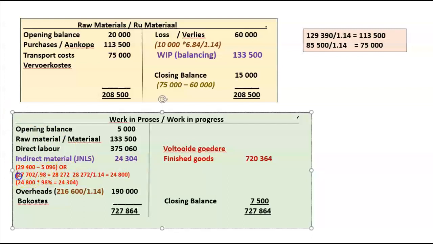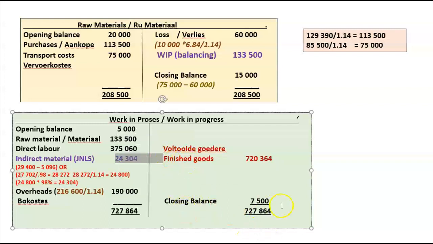You could have said, well, we've paid 27,702, that equals 98% of the amount owed, which gives us 28,272. 28,272 includes VAT, so if we take out the VAT, it gives us an amount of 24,800, but remember that we've only posted 98% of the VAT exclusive amount to our indirect materials account, and 98% of the 24,800 equals 24,304, which brings you back to that amount of 24,304.